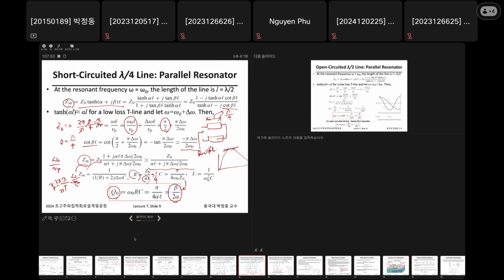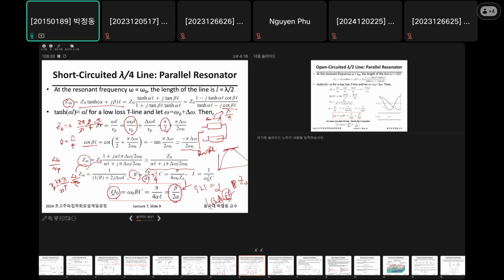Where can I get the beta? Once you get alpha and G0, beta L is just theta, right? Once you know theta from the S parameter, S21, right?